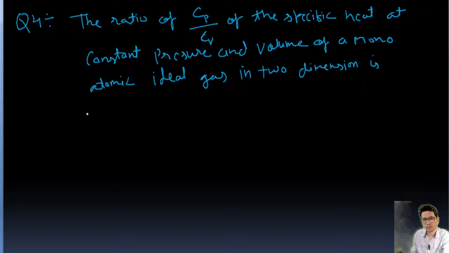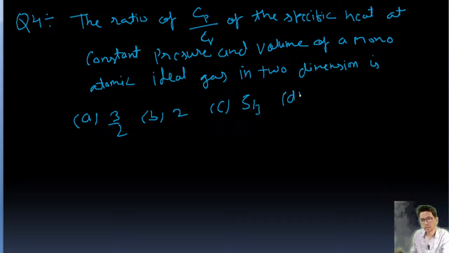Options are: option A is 3 by 2, option B is 2, option C is 5 by 3, and option D is 5 by 2.